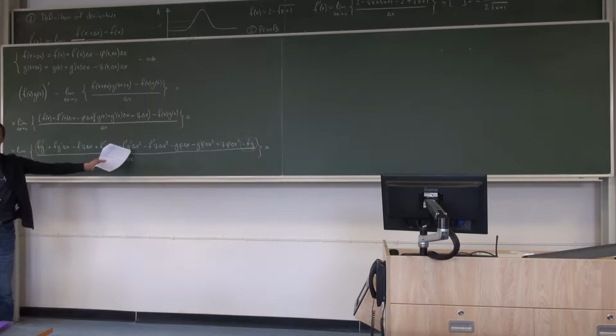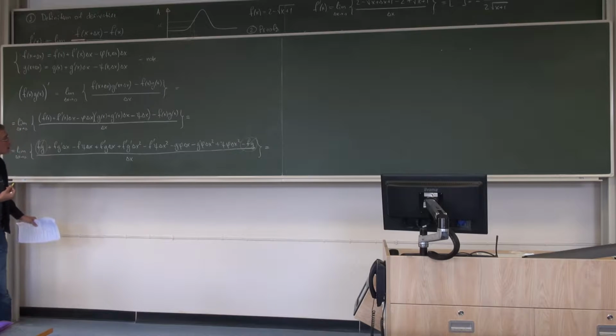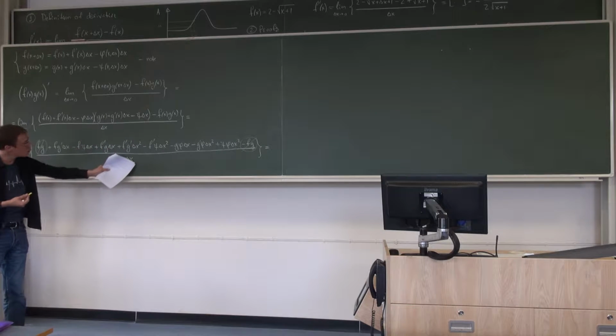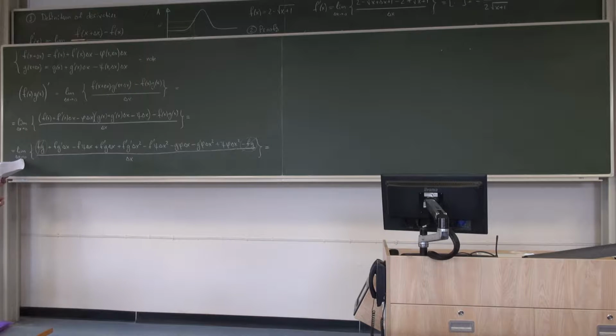Δx squared falls faster than just Δx. And so when we take this out, f'g'Δx would cancel, and so f'g'Δx, when Δx goes to 0, this would disappear.